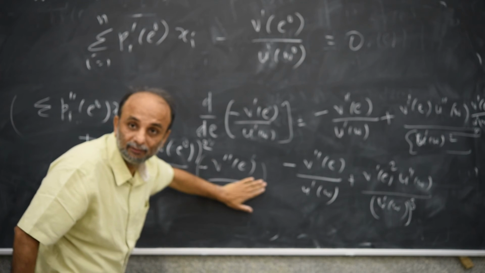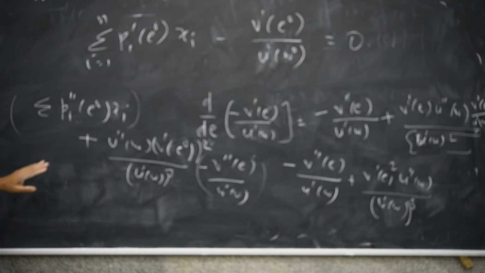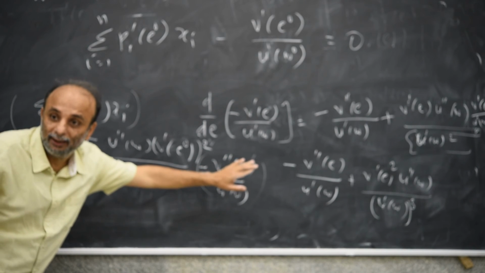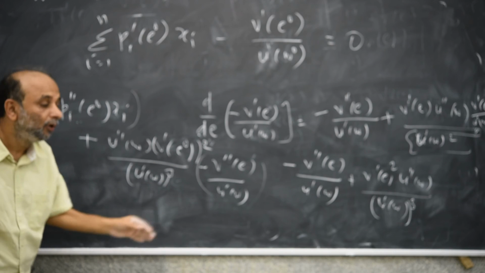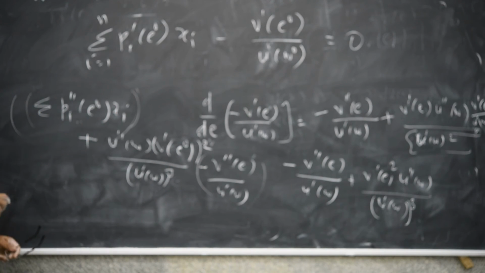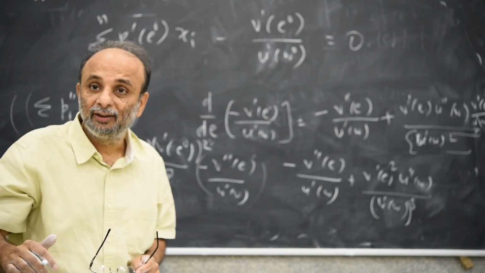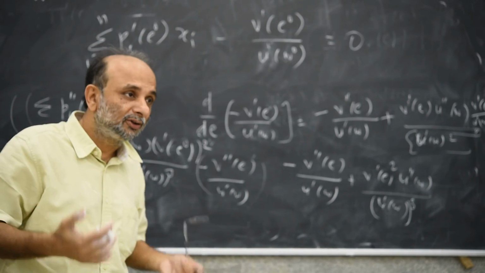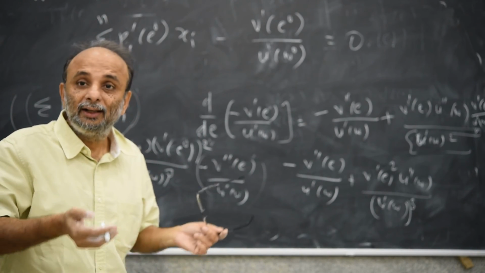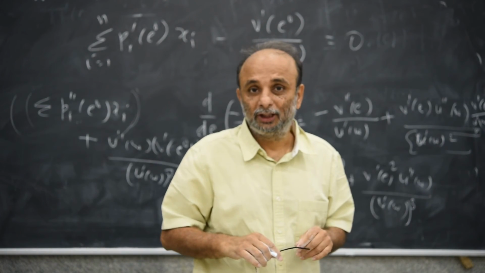This is negative, because this is positive, so the minus term. So this is a negative term minus some quantity, say minus 7, minus 8. The whole thing is negative only if this term is negative. So as long as P double dash of E times xi is negative, we know that the first derivative with respect to effort is positive, the second with respect to effort is negative, and therefore what we have really got is an optimum with respect to effort.